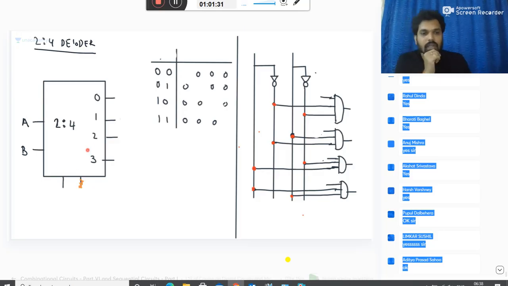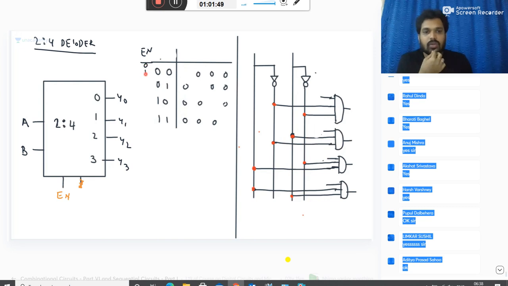It contains only one enable input, two inputs A and B, and four outputs. What are the four outputs we will be having? Y0, Y1, Y2, Y3. Here also you have an enable input.